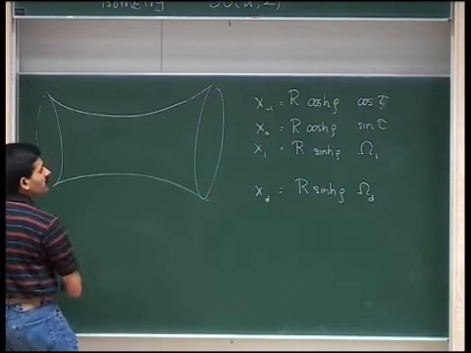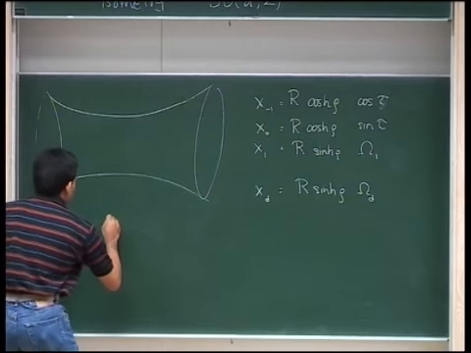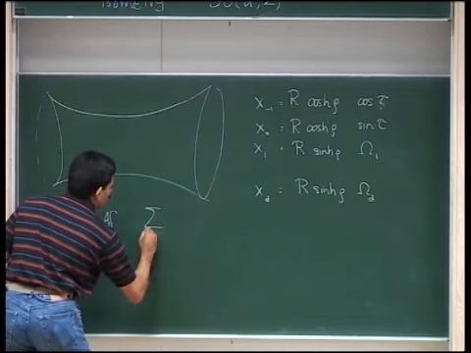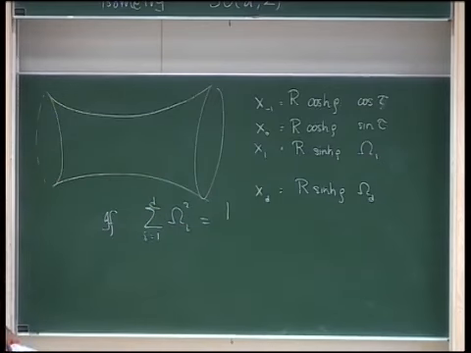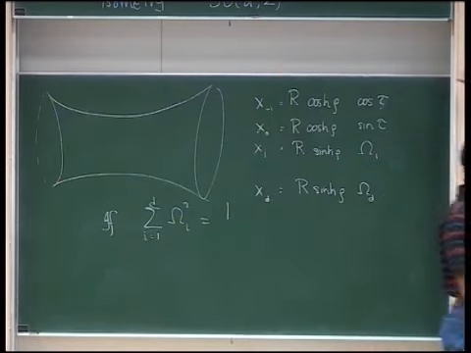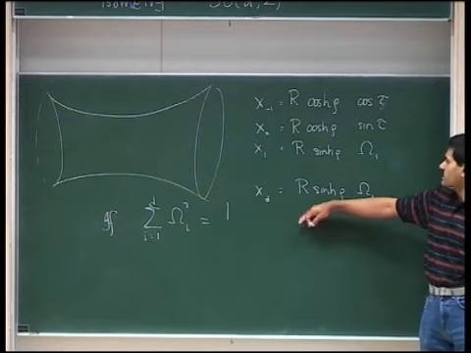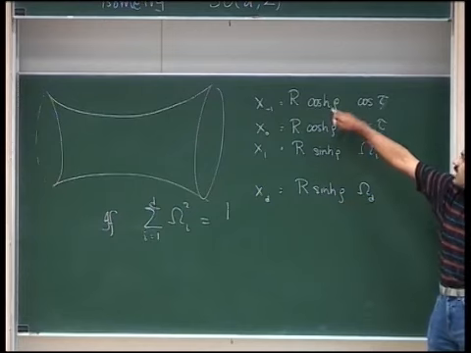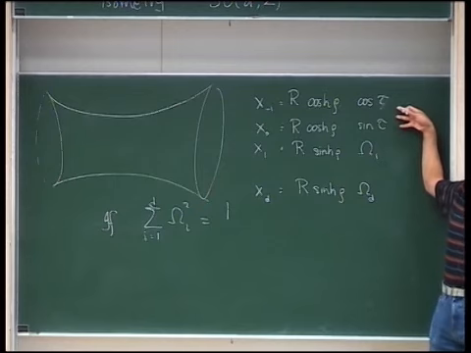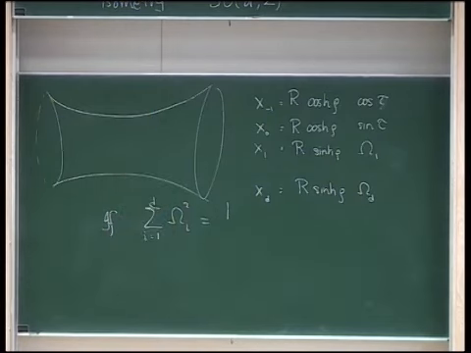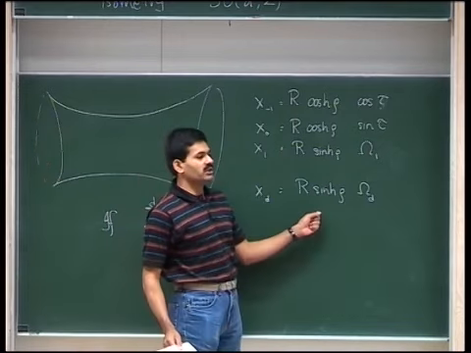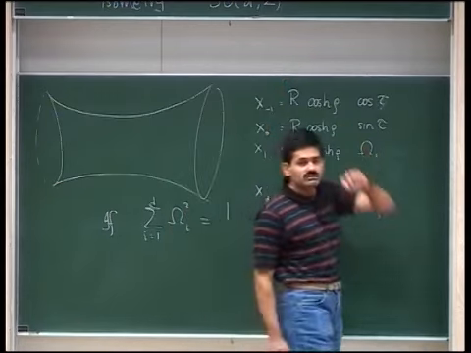You can see that if the omegas squared sum to 1, then that equation up there is trivially satisfied by this parameterization. When I sum over x1 to xd, I just get r squared sin squared rho, and when I sum these two, the taus disappear by virtue of the same sign between x minus 1 and x naught, and the cosh and sinh cancel to give you just minus r squared.